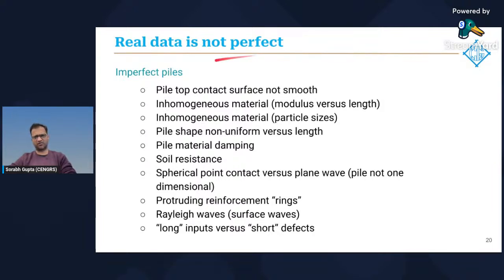Real data is not perfect. Real piles, especially bored piles in soil, are not perfect. There are so many imperfections in a pile, which is why real PIT testing and real PIT interpretation become often quite complex. You have to have good practice and good knowledge in order to interpret PIT test results on non-uniform or imperfect piles.